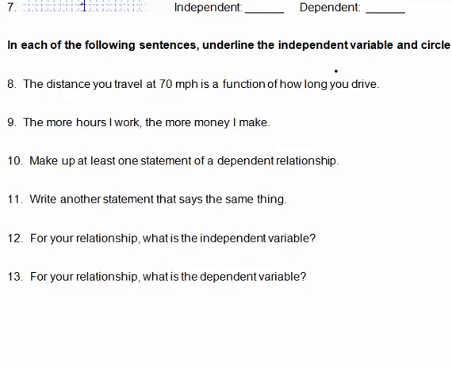So what causes which? The driving causes the distance, or the distance causes the drive? All right, so the one that comes first, the one that causes things, is the independent. So the driving, or how long I drive, is the independent, and the dependent is the distance you travel.